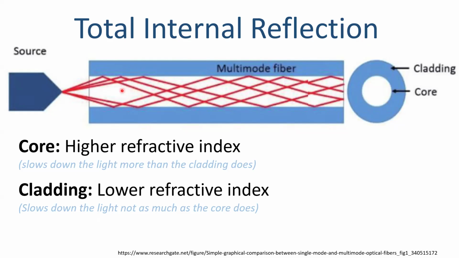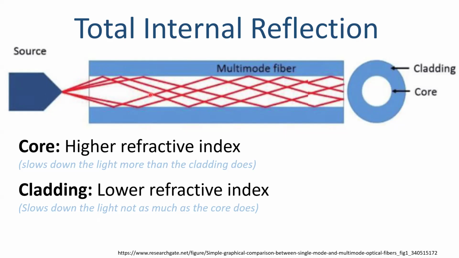The core is made a little bit more impure than the cladding. Cladding is cleaner. If we shoot down the light in a straight line, the light in the cladding would travel faster than the light in the core.